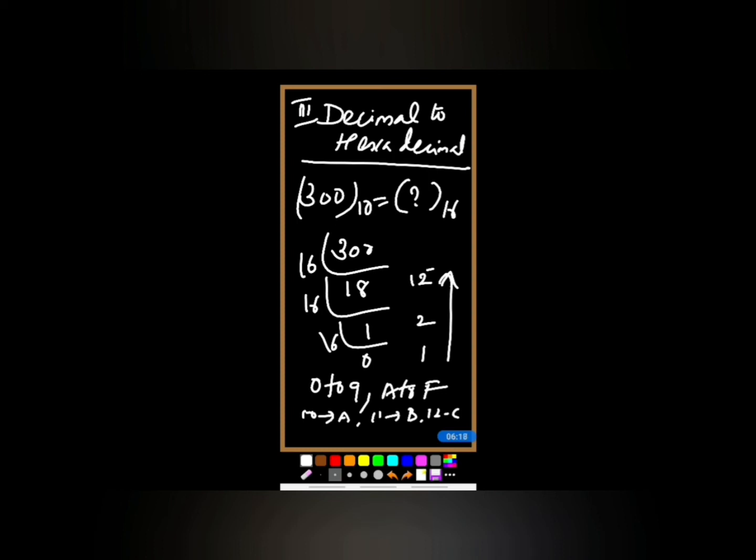So 12 means what? I have to write only C. Don't write 12. So what will be the conversion of this one? The answer is 300 base 10 equal to, what will be the equivalent here? 12. 12 means 1, 2. Not this 12. 1, 2 and C.